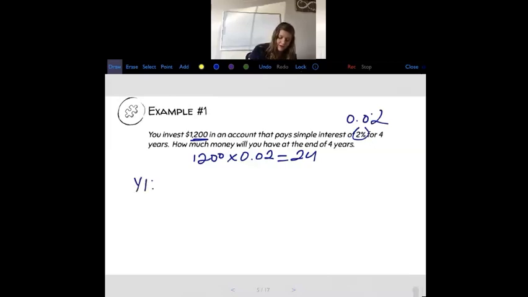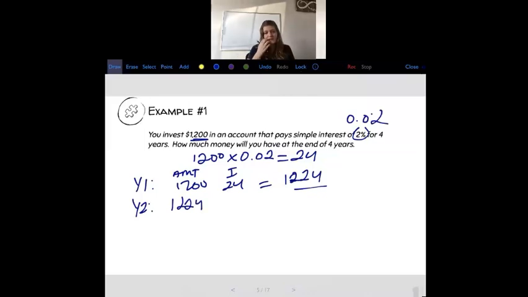So year 1, our amount in the account is 1,200. The interest is 24. So at the end, I'll have $1,224.